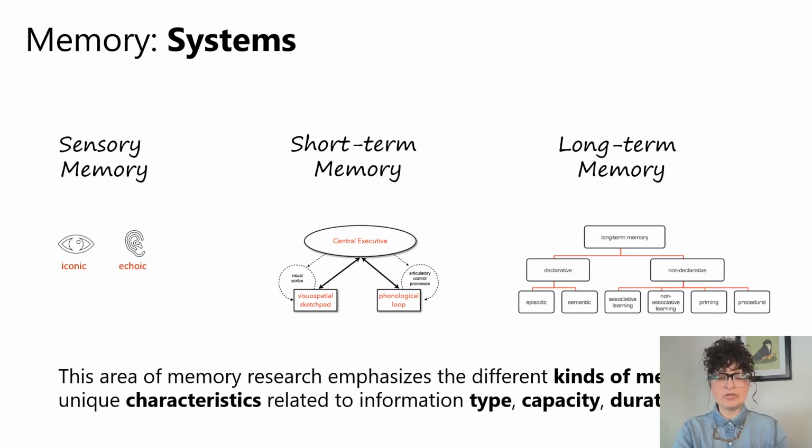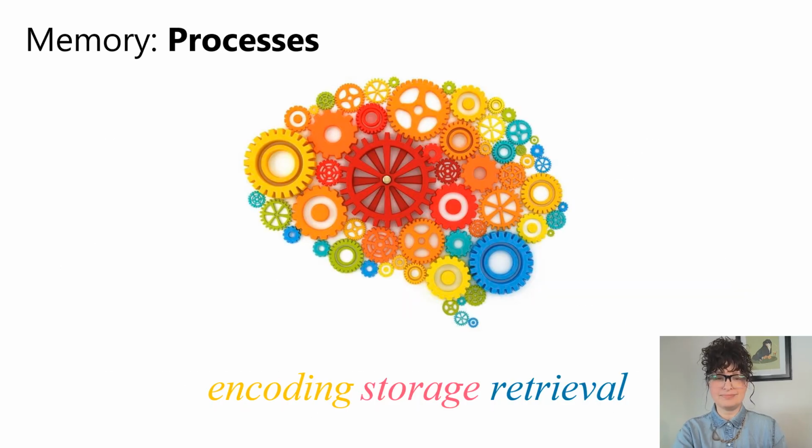So this area of memory research emphasizes the different kinds of memory, their unique characteristics related to information type, capacity, and duration. The processing view of memory, in contrast, is less concerned with identifying these separate memory stores and more concerned with how information is processed, and really very much focused on these three complementary processes: encoding, storage, and retrieval.